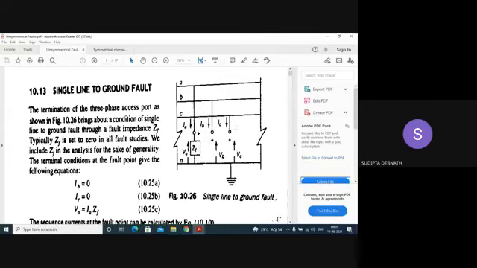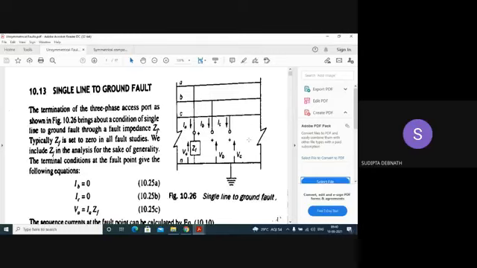But in reality the fault most often occurs when the line is in operation. So initially we consider the no load condition, then we add the pre-fault load current to get the actual value. At the end, I will show you one problem on how to consider that load current.